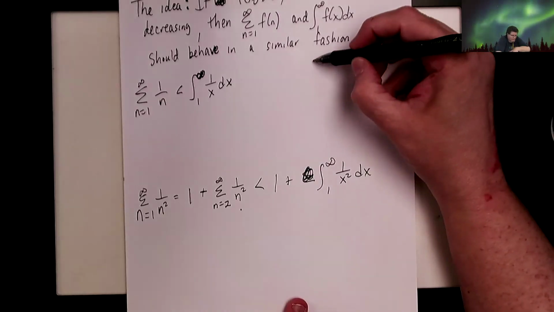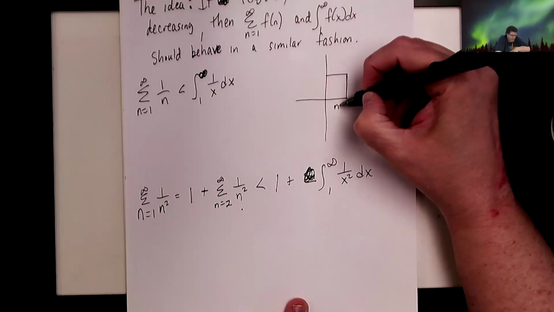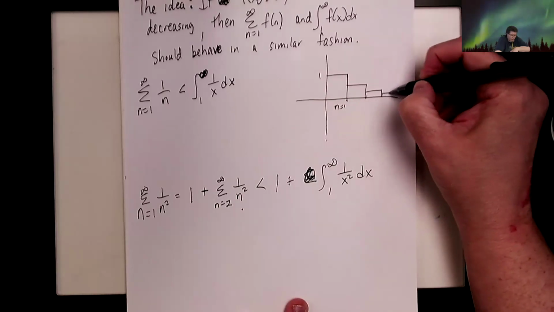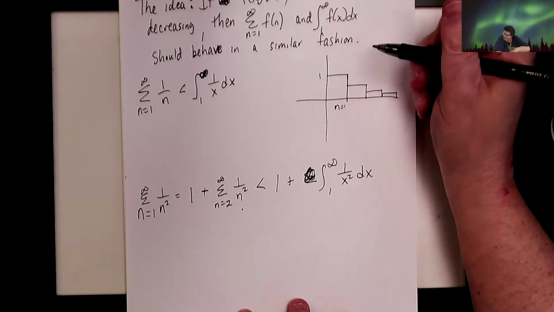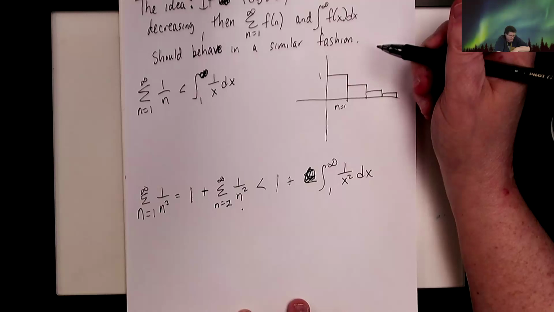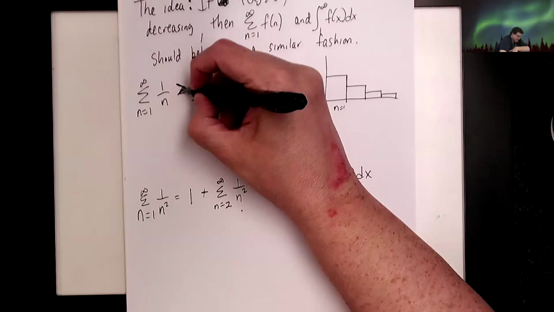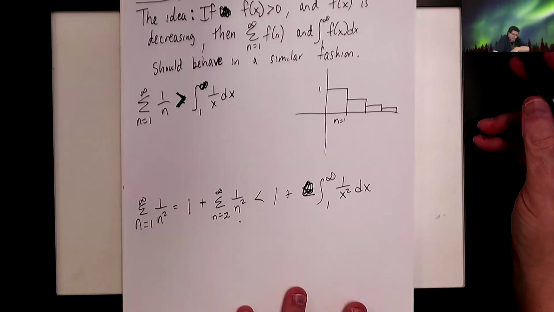And pictorially, we had n equals 1, 2, 3, 4. And we saw that this said 1/n was less than 1/x. It's not true. I think I wrote down the wrong thing. 1/n is greater than 1/x. I showed it was greater than, and then I wrote the wrong thing.